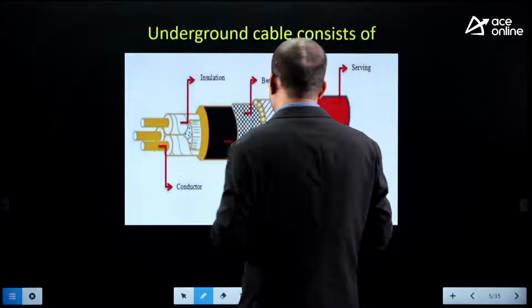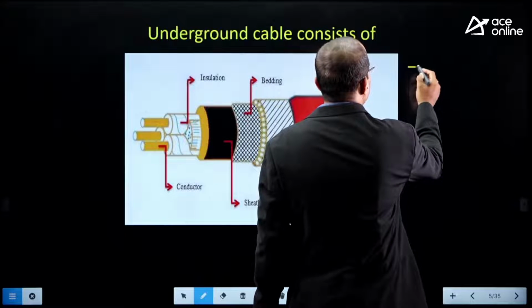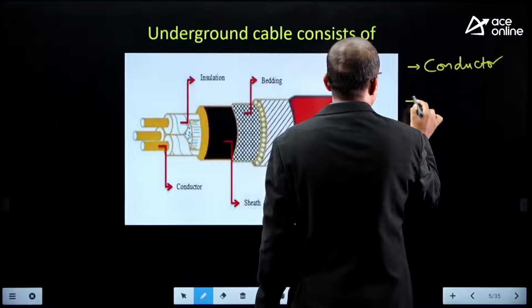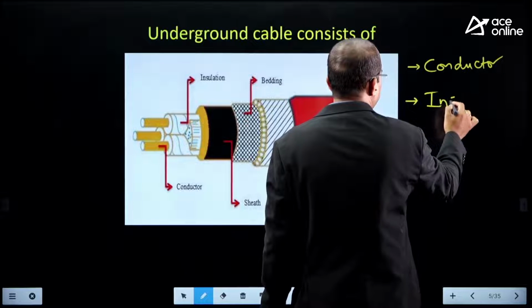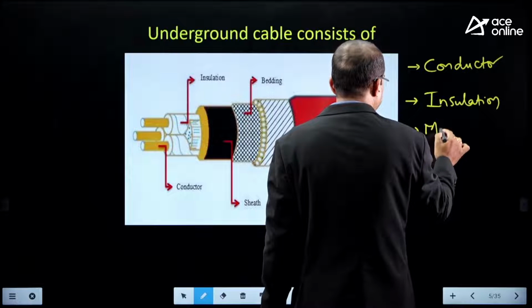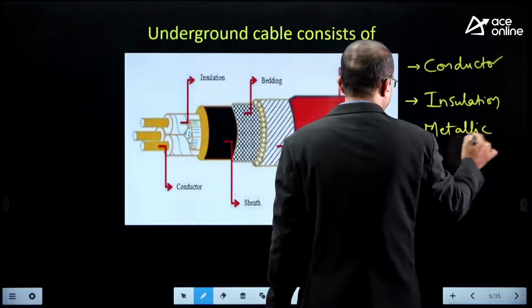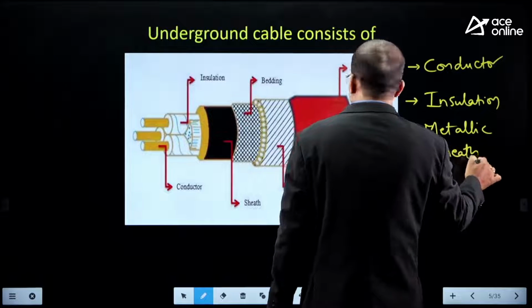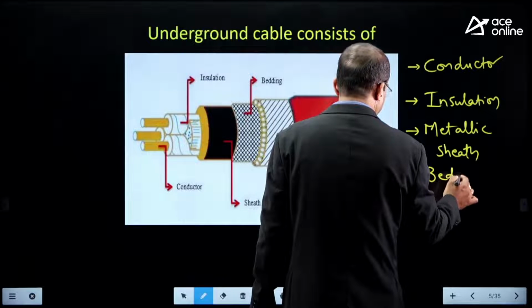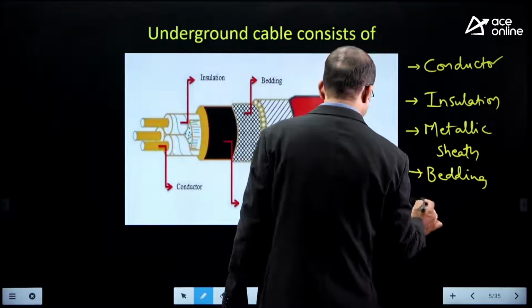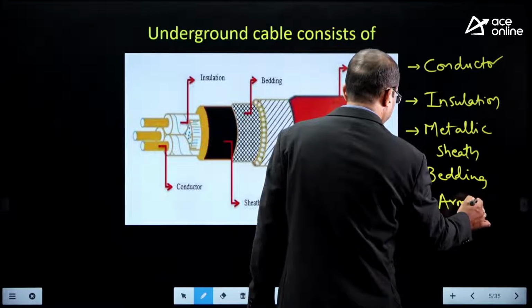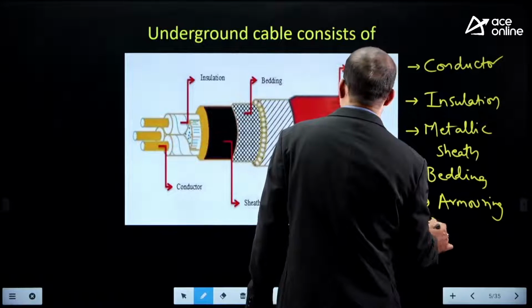So, underground cable consists of what? Here we have the conductor, over the surface of the conductor we have insulation, over the surface of insulation we have the metallic sheet, over the metallic sheet we have bedding, over that we have armoring, and over that we have serving.